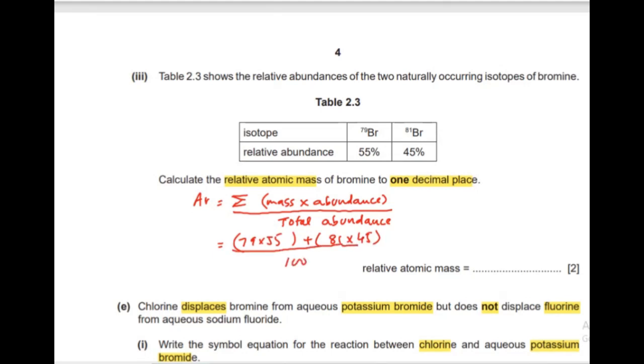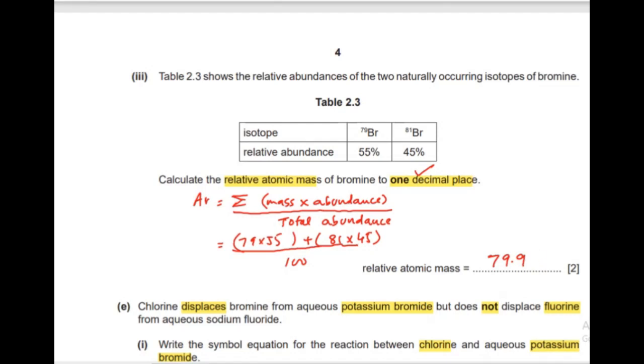If you calculate this, you will get the answer up to one decimal place. Let me calculate. Yeah, 79.9.